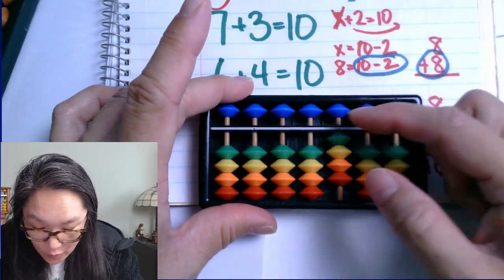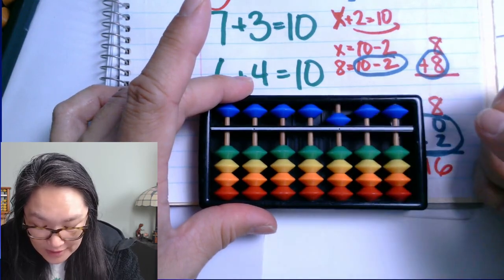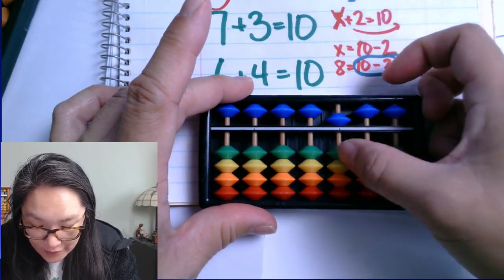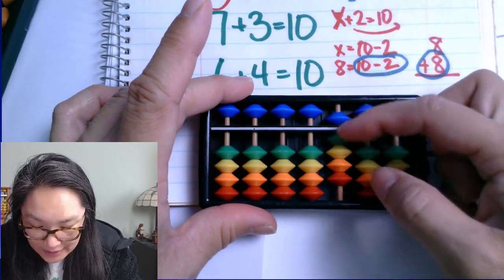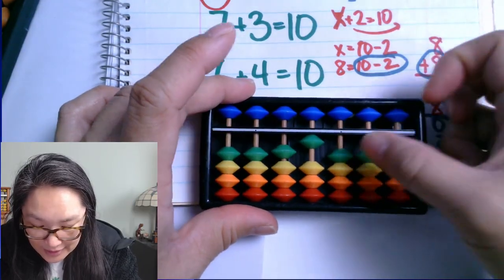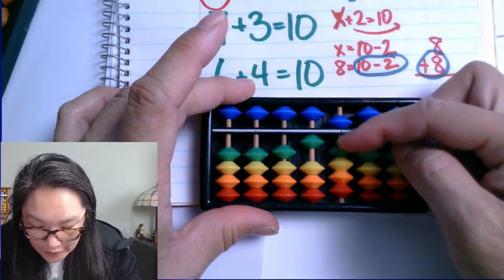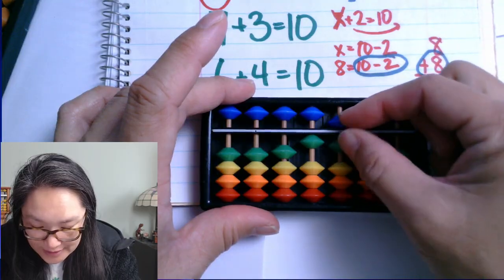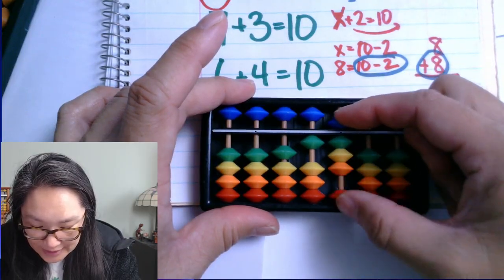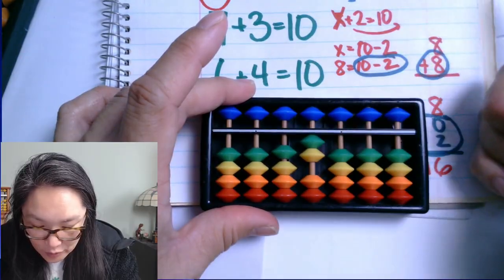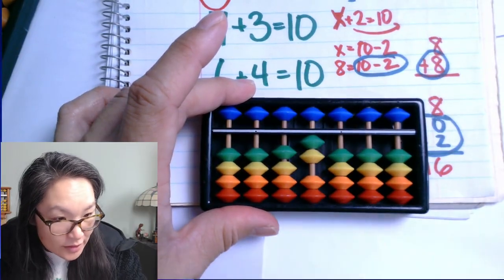So this is 4, and then this is 5. The top bead has a 5. So because it's 5, we have 6, 7, 8, 9, and then we have 10. 10, 11, 12, 13, 14. After 14, we have 15. 15, 16, 17, 18, 19. And then we have 20. We have a 2 and a 0.